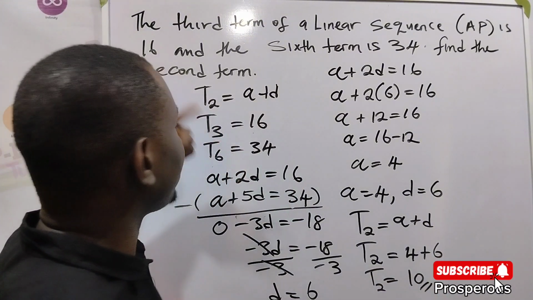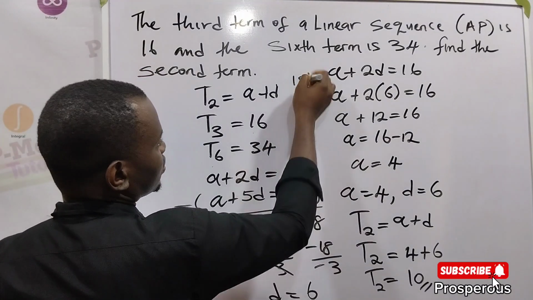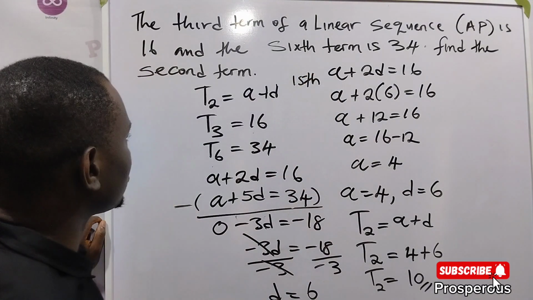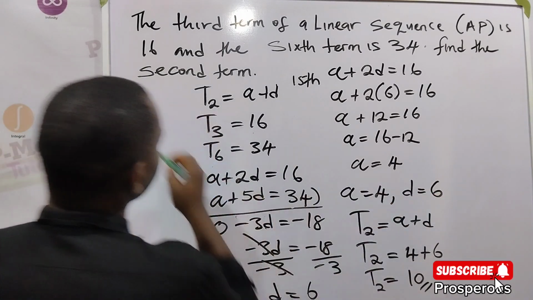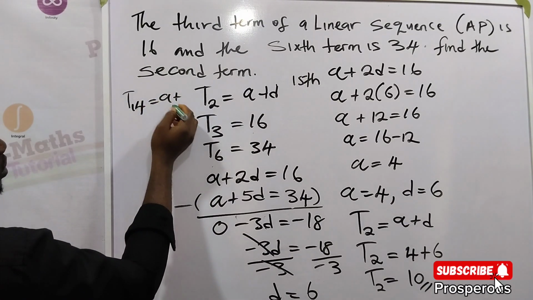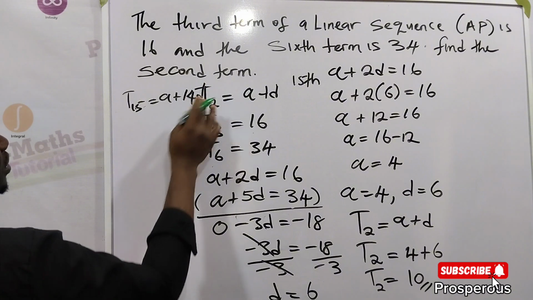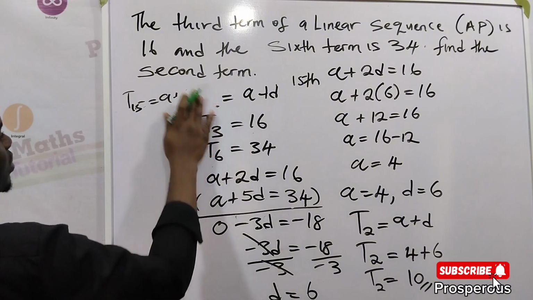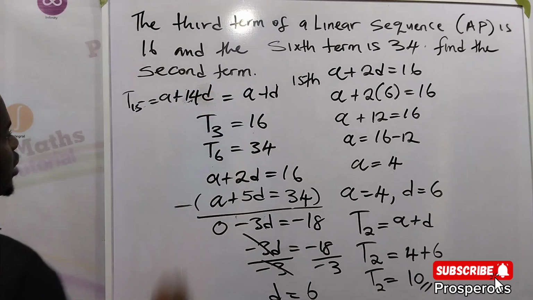Let's assume you are asked to find any other term of this sequence, let's say the 15th term. We can simply do that using these two: T15 equals A plus 14D.